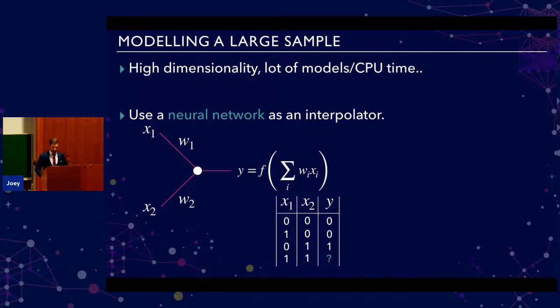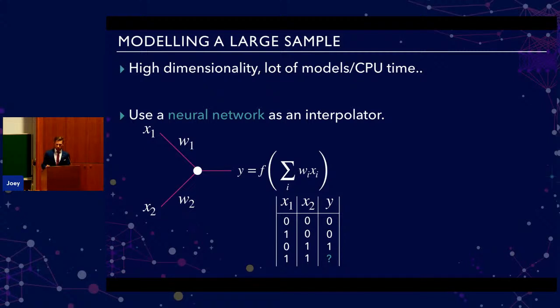A neural network is based on neurons that are mathematically equivalent to the ones in your brain. I'm showing you here a very simple example of a neuron with 2 input channels. All a neuron does is take the weighted sum of both these input channels and then evaluate it in what we call an activation function. This tells you whether the neuron is triggered or not, so to say.